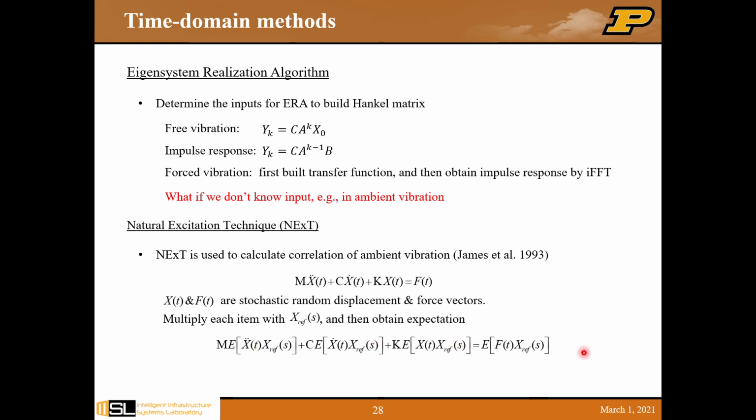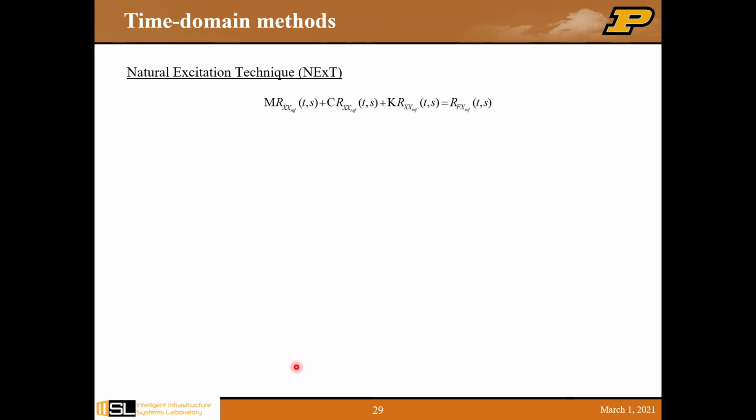Each item here, for example the expectation of x double dot times xref, corresponds to the cross correlation of the output measurements with respect to the reference measurement. Here we can further simplify it as an approximate equation of motion corresponding to the cross correlation.